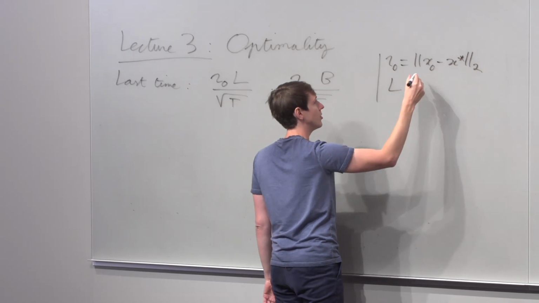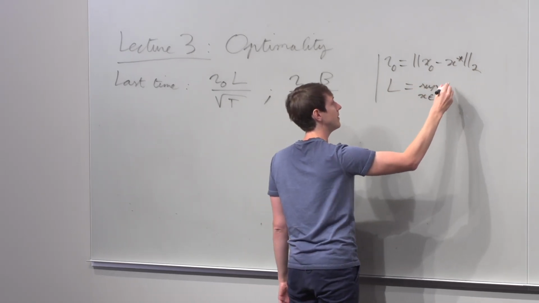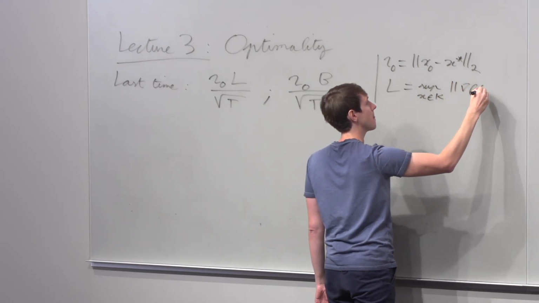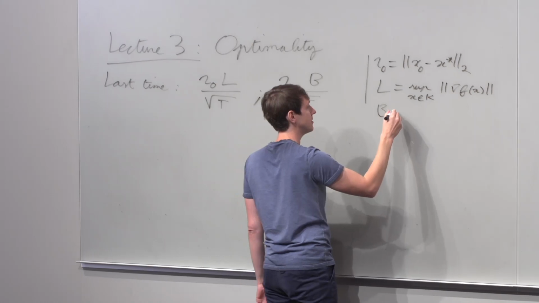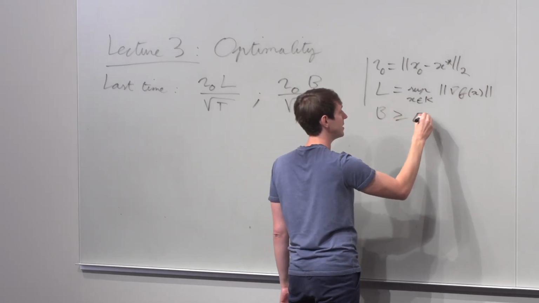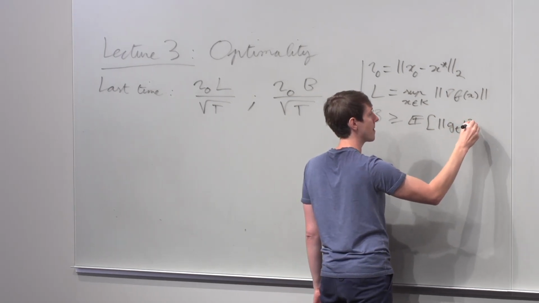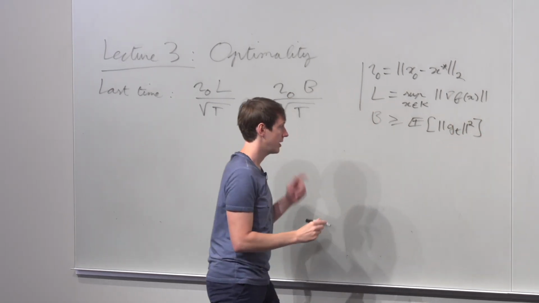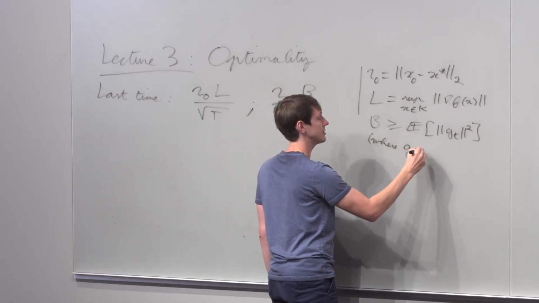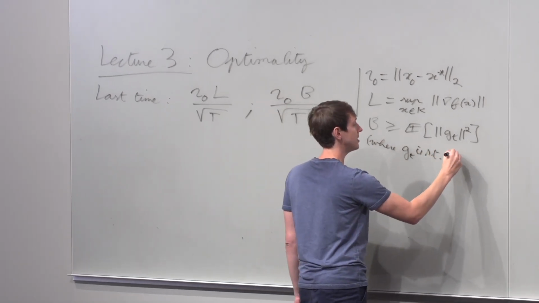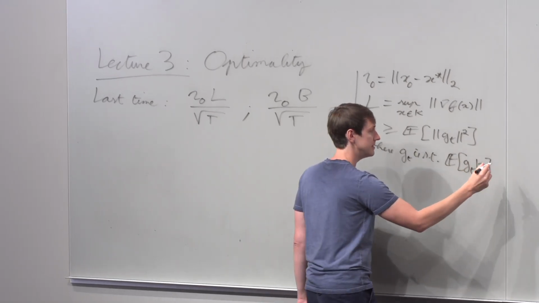L was the norm of the gradient, so the supremum over x in K of the norm of grad f of x. And B was an upper bound on the expectation of the norm of g_t squared, where g_t was such that the expectation of g_t given x_t, the point that we carry at time t, is equal to the gradient.